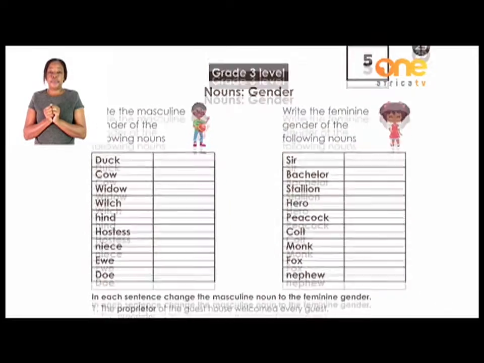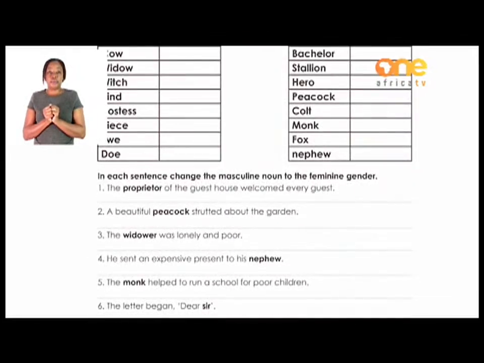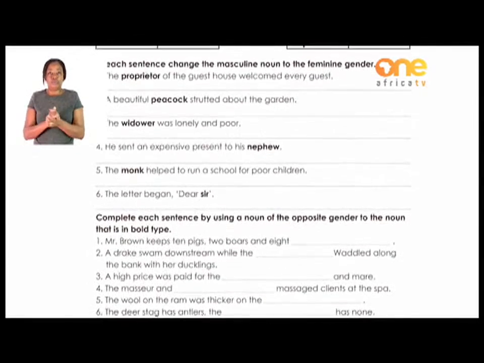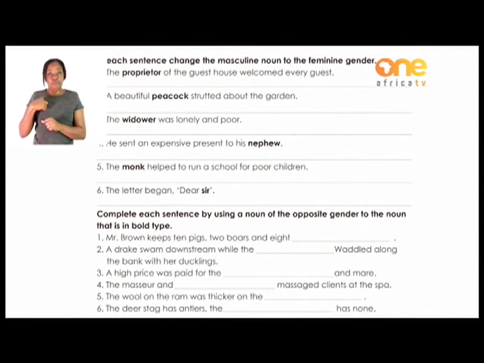Okay, still on the gender, we'll continue with the next one. The next exercise, the genders are put in the sentences. All right. Okay. So let's try the first one, and then you are going to do the rest. I want you to search for me all the words which are in bold.